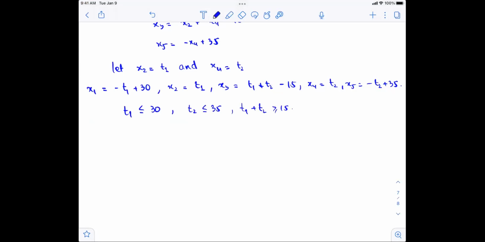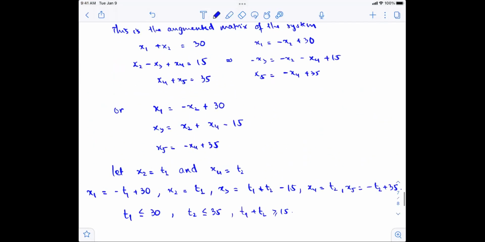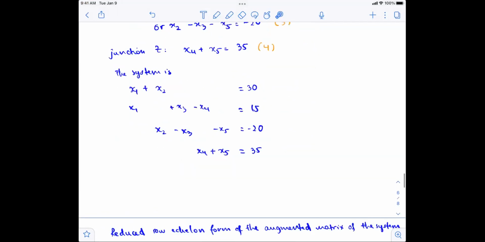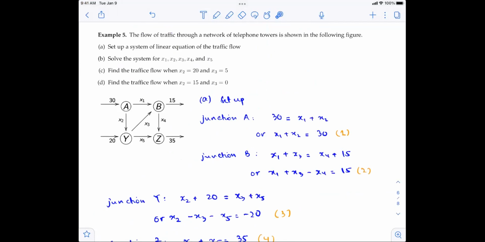In addition to this, because the system has infinitely many solutions, this is just one way for you to choose the free variables. There's another way to obtain the free variables, right? So based on the problem given to us in part C and D, they want to know the value of the traffic flow when x2 and x3 equal 20 and 5 respectively.